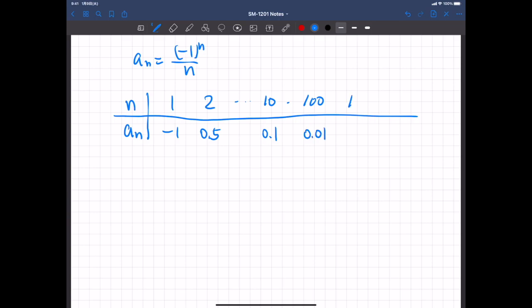When n is 1000, we have 0.001. And when n is 10,000, we have 0.0001.